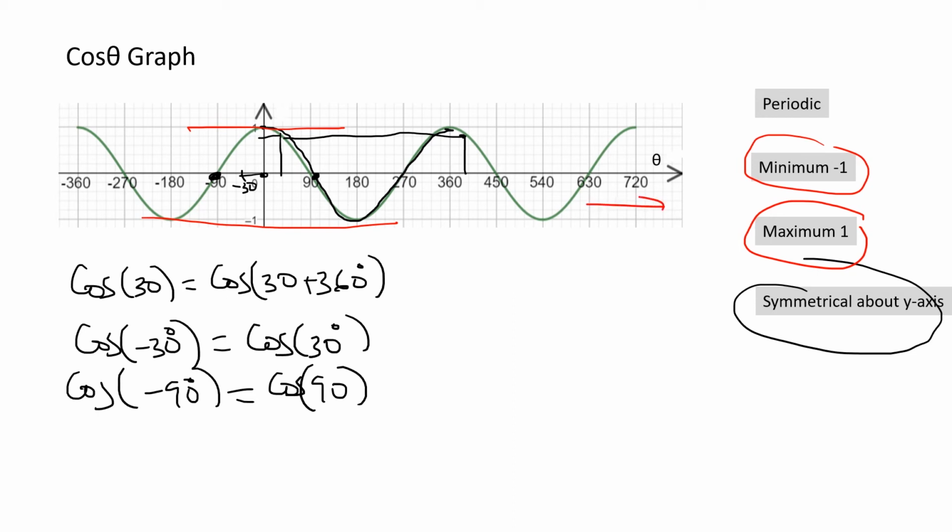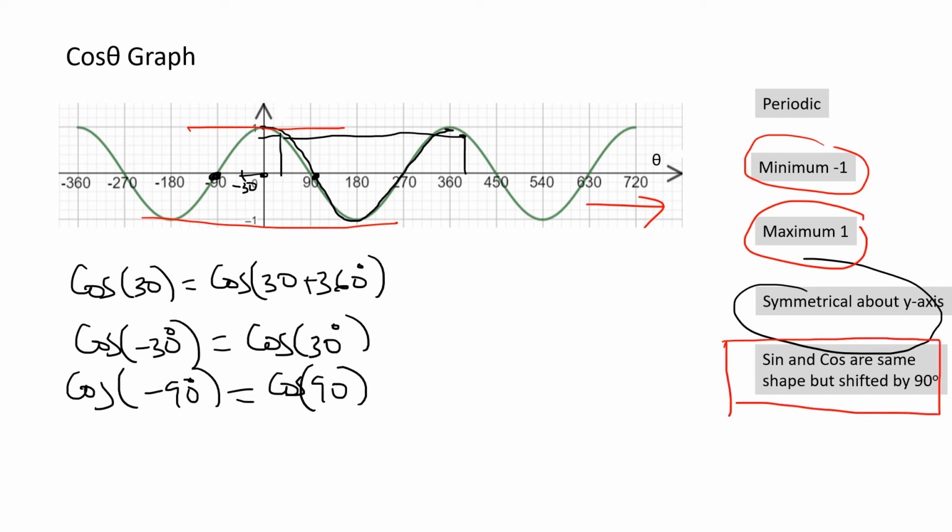Angle can go all the way to infinity, but the values will remain between 1 and minus 1. So as I said before, sine and cosine are the same shape, but slightly shifted by 90 degrees. So if you shift the sine graph by 90 degrees, then you will get a cosine graph.